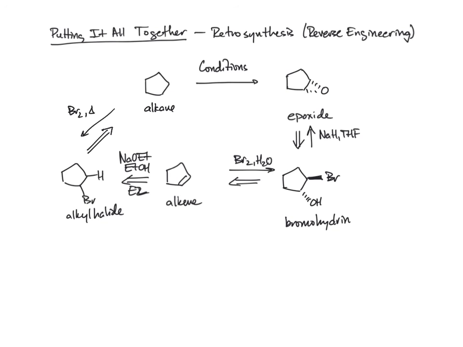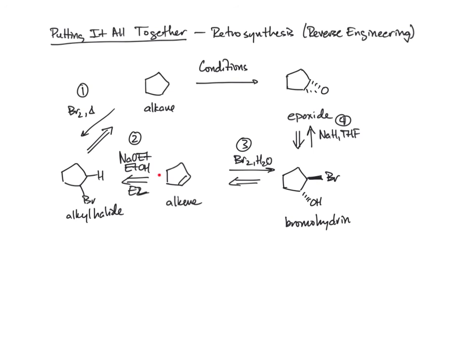So we've proposed a 1, 2, 3, 4-step synthesis on how to take cyclopentane to this cyclopentane oxide through C-H functionalization. We saw that in chapter 10.